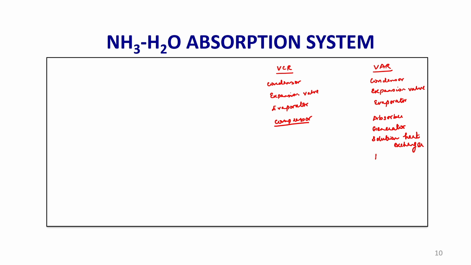Of course, rectifier is used in case of ammonia water only. This is used only for ammonia water system. This device is not required in case of a water lithium bromide system.